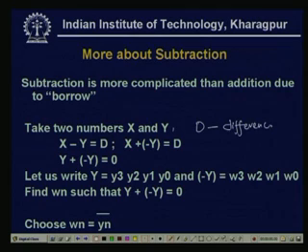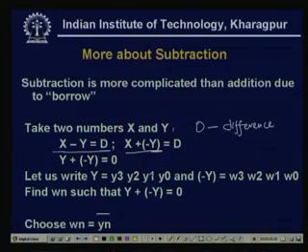Now, I can write the same expression x minus y equal to d as x plus minus y equal to d, as if instead of subtracting, I am doing addition of the negation of y.